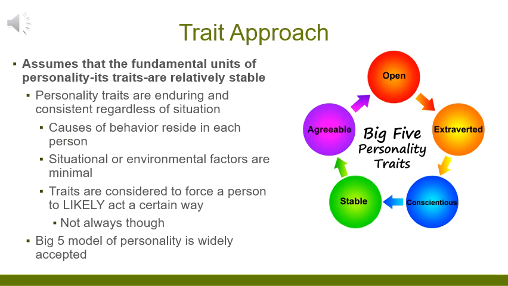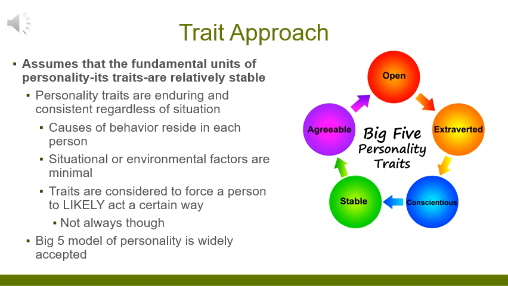The trait approach, on the other hand, assumes that the fundamental units of personality, its traits, are relatively stable, and that personality traits are enduring and consistent regardless of situation. The causes of behavior reside within each person, and situational or environmental factors are somewhat minimal.